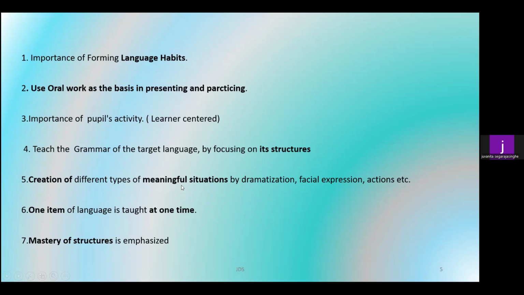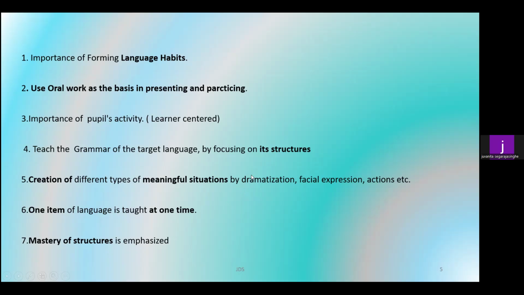Creation of different types of meaningful situations. This is exactly what happens in the practice and production stage. After you present the structure, the learners are made to practice it. How are they practicing it?